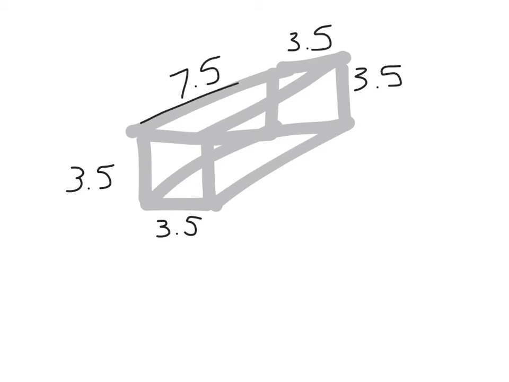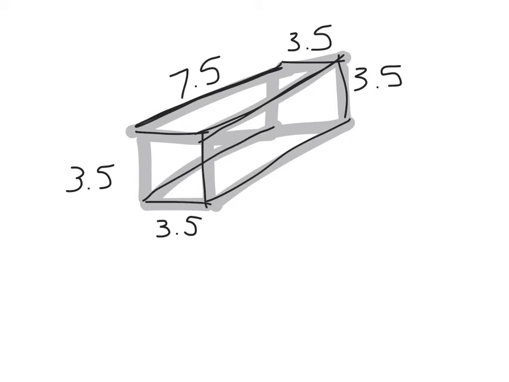Okay, so basically, this is your 3D shape. And if you notice the dimensions, this is going to be 3.5, 3.5, and this is 3.5. And that was 7.5. So if you notice, they are creating the rectangles that you measured when it was a flat surface.